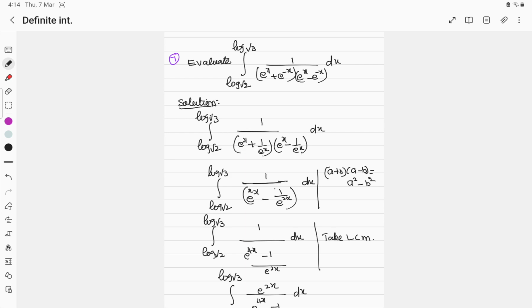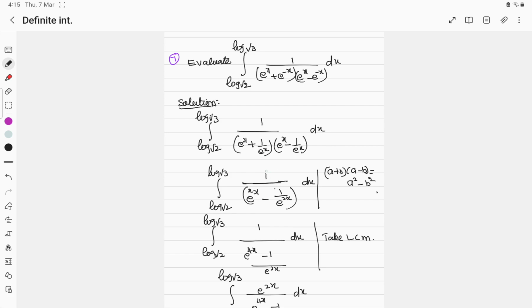That is, (e power x plus 1 by e power x) into (e power x minus 1 by e power x). Therefore, this one, (a plus b) into (a minus b), we know that is a square minus b square. Here a is equal to e power x, b is equal to 1 by e power x.